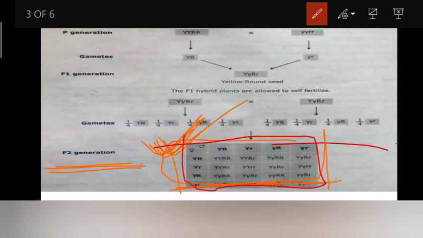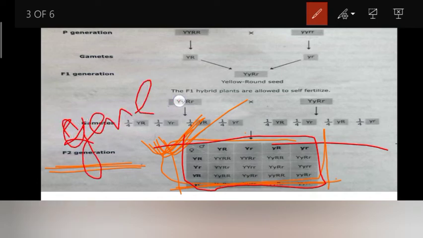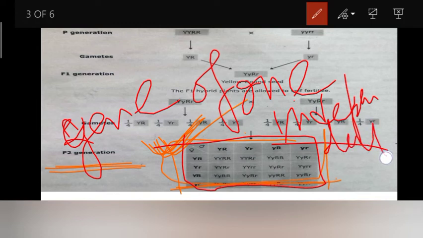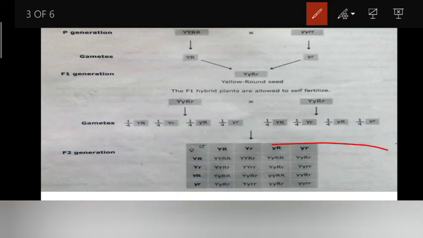Assortment of what? Assortment of gene. Assortment of gene of one pair is independent of the other pair. Now clear.